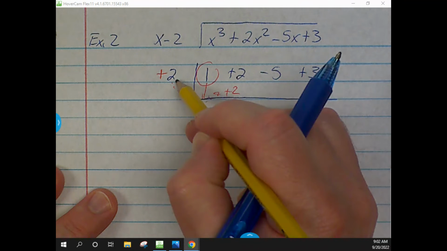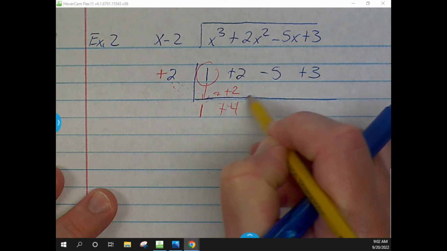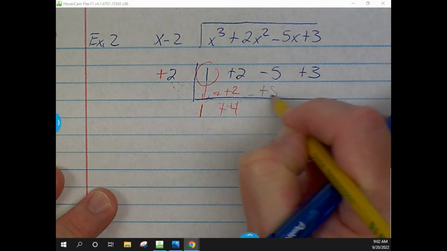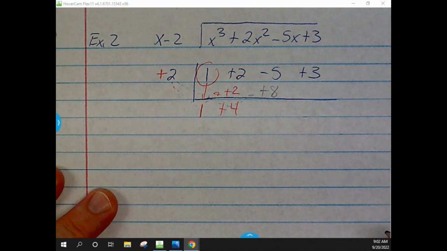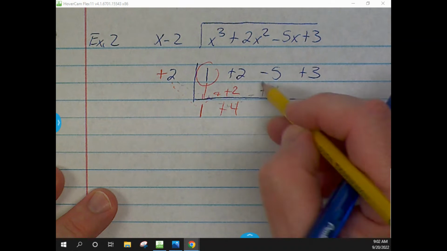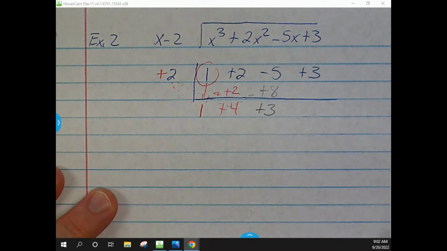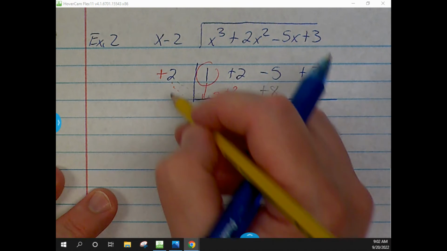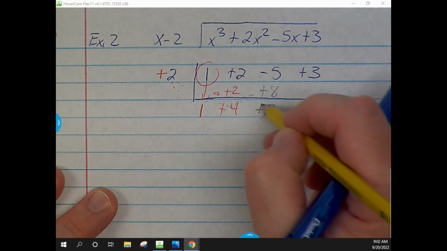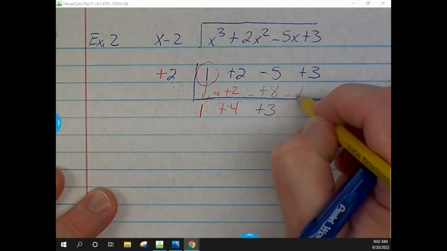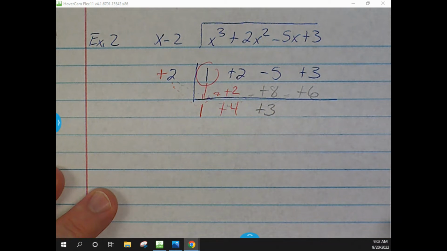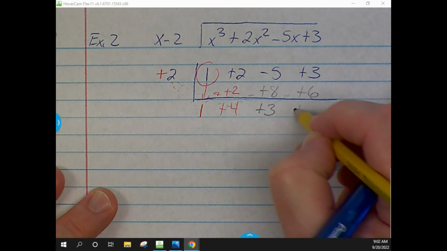All right, and we've got 2 times 4, which is 8. Negative 5 plus 8, or 8 minus 5, positive 3. And then we've got 2 times 3, which is 6. And then 6 plus 3 is 9.